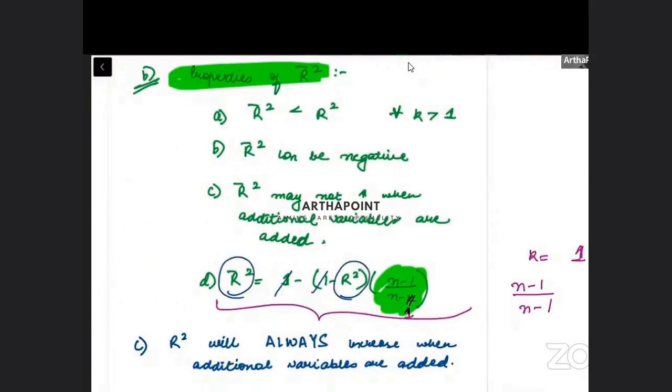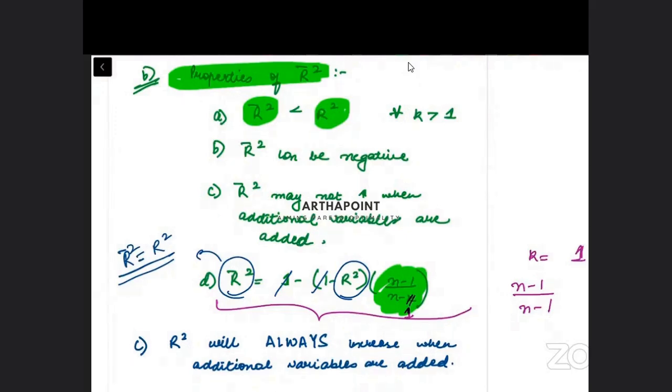That means that if the number of parameters is exactly 1, मतलब it's just an intercept model, सिर्फ उस केस में r bar square and r square are equal to each other. Otherwise, what we notice is that r bar square is always less than r square. Always. So this is one of the properties, that adjusted r square is less than the actual r square.